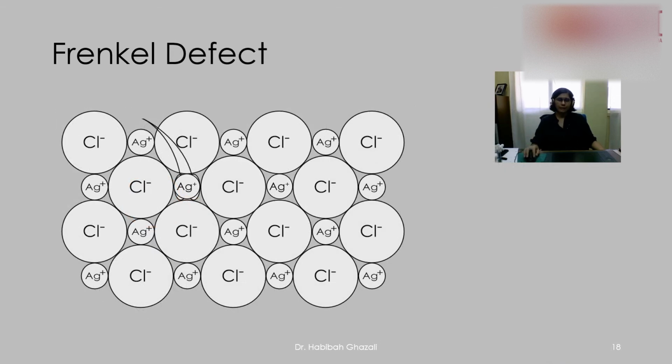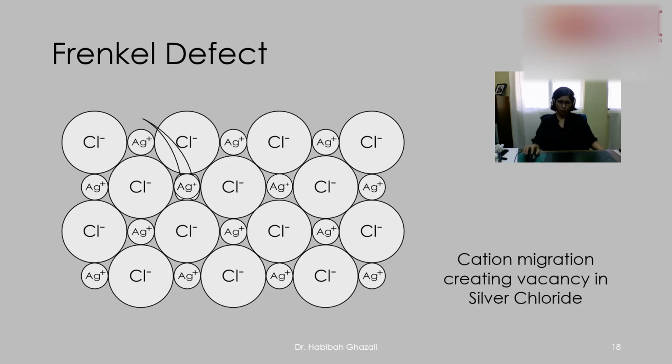So not only an anion can migrate and lodge itself in a position somewhere else in the crystal structure, cation can also do that. So this is an illustration of cation migration, which will create a vacancy in silver chloride. So the lattice contraction will happen due to the vacancy, leading to a decrease in density.